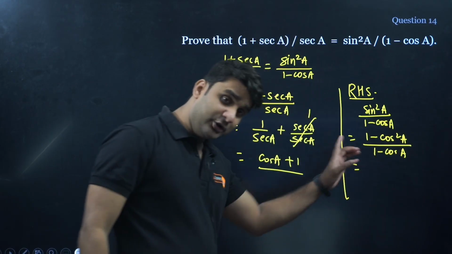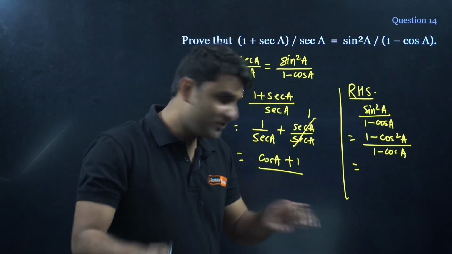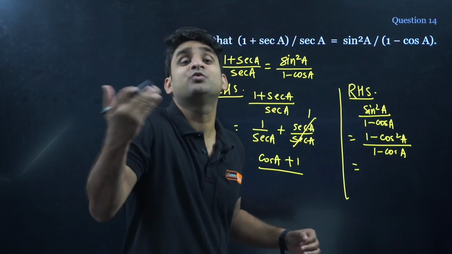And guys, look at the numerator. Numerator is 1 minus cos square A, square minus B square. We can imagine 1 can also be considered as 1 square.